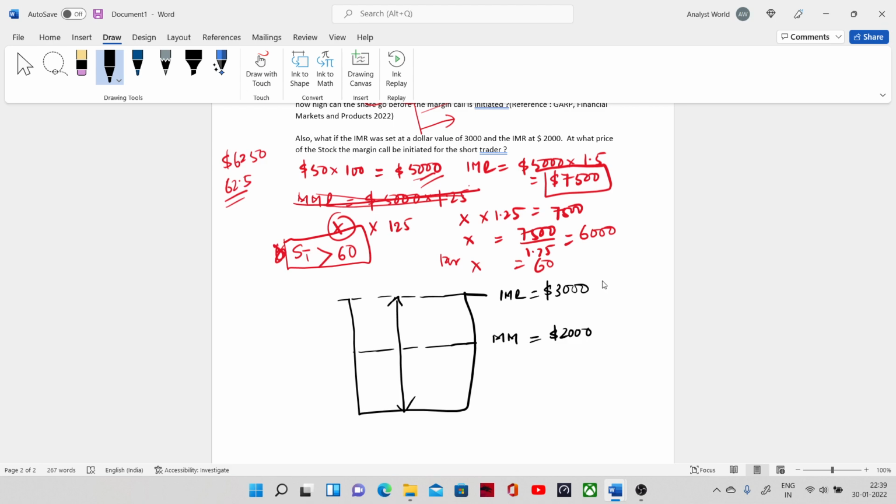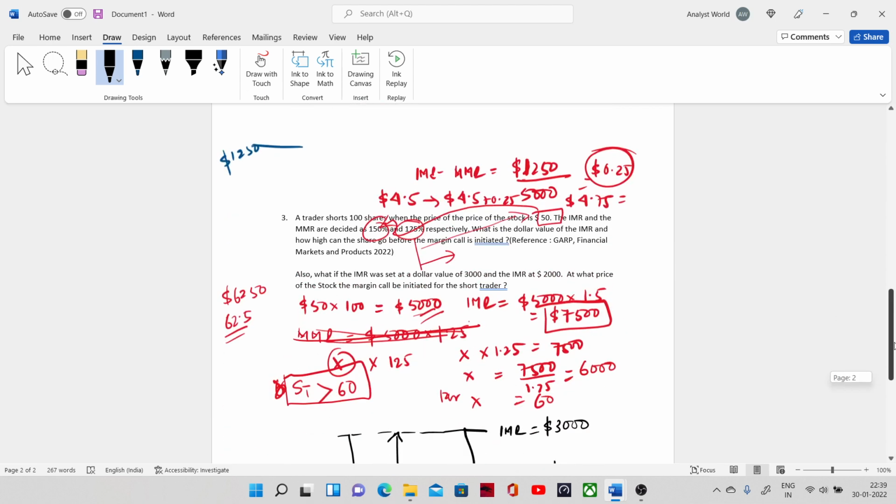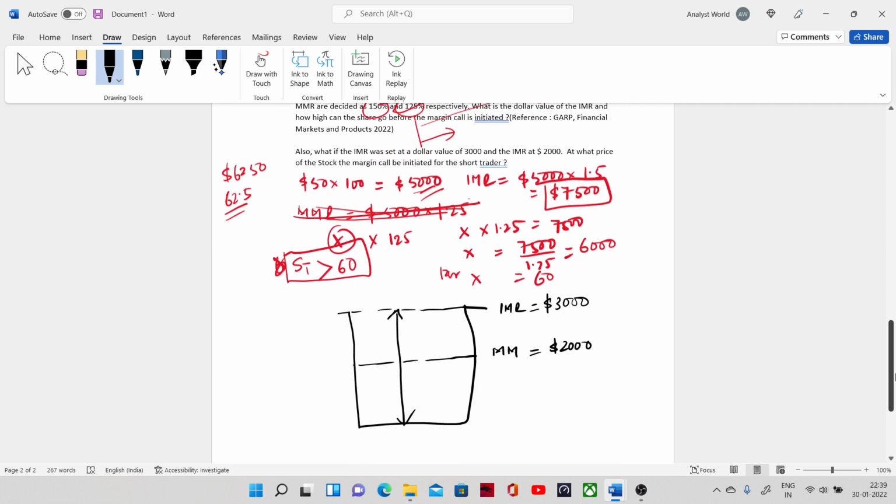Initially we know that the price of the security when it was initiated was at 50. So the difference between the two, the IMR minus the MMR, is equal to $1,000.